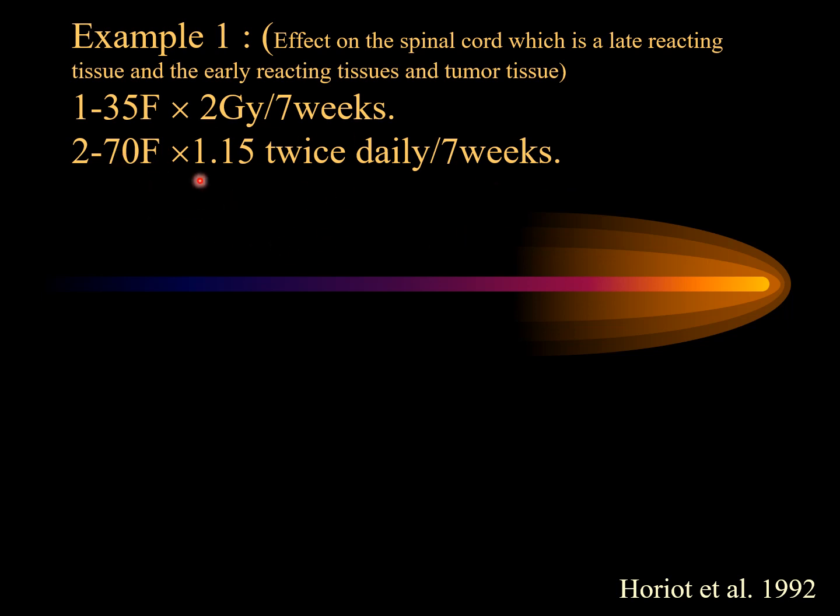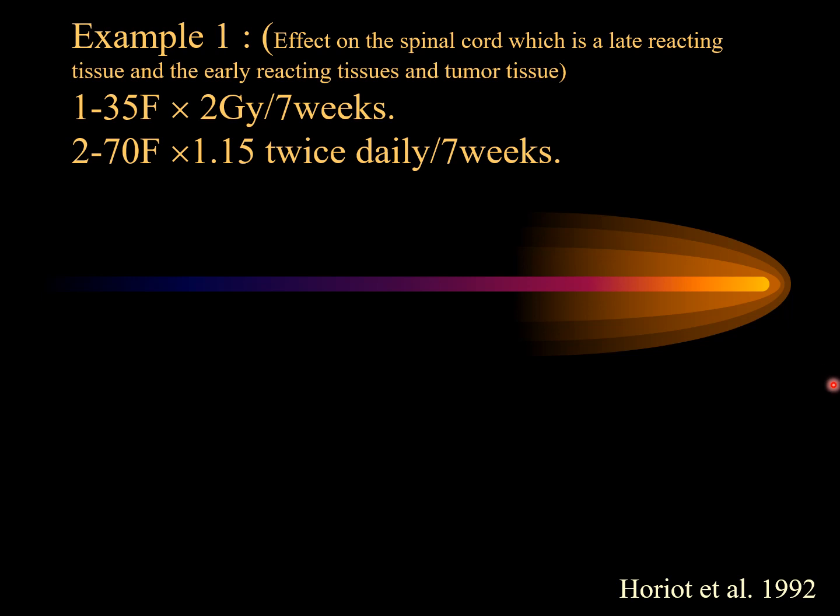The total dose here will be 80.5 gray. So they wanted to see if there is any benefit from hyperfractionation over conventional fractionation. An important point is to keep the sessions 6 hours apart, so maybe a session early in the morning and another late in the evening.